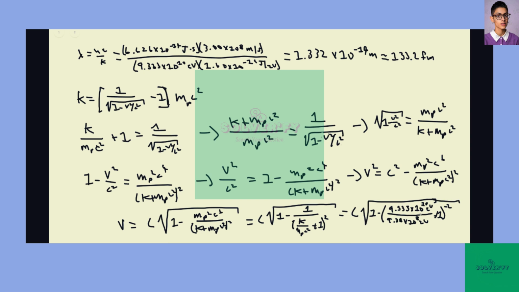So that's 1 over that squared. And plugging in all these numbers, we're going to leave c because we want to express it in terms of c. So this is going to be equal to 0.9995 c. So 99.95% the speed of light is the velocity it has to be traveling, in which you can approximate its rest mass as 0.